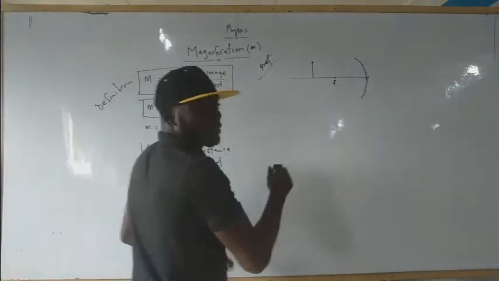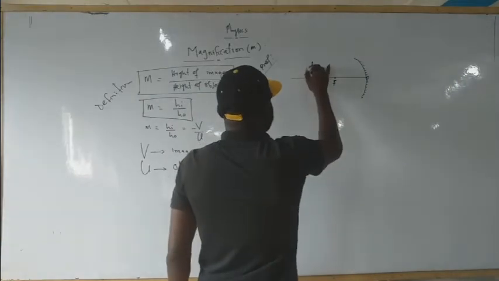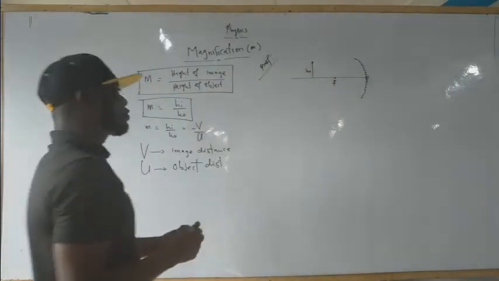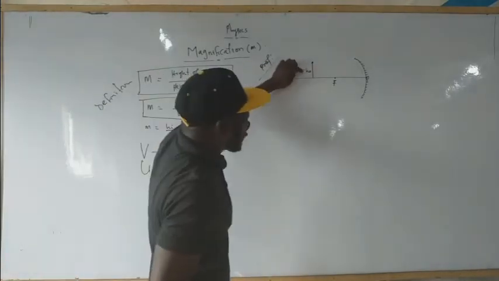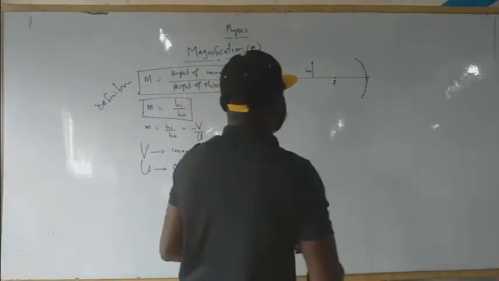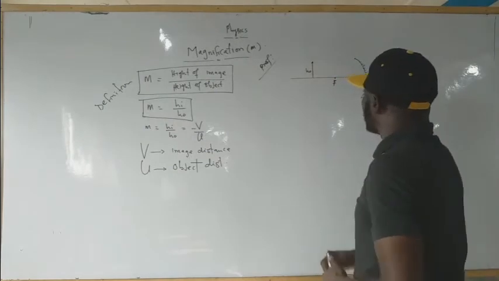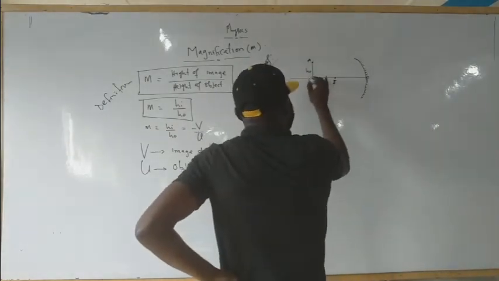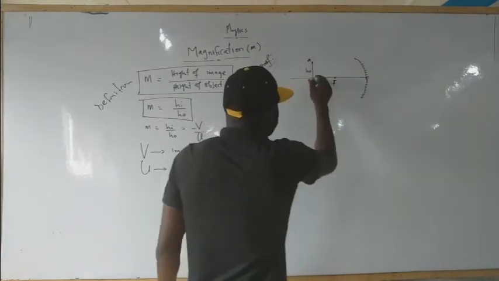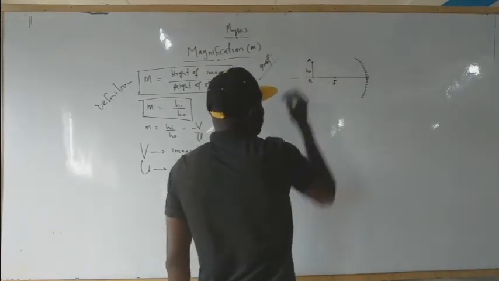Let's call this HO, the height of the object. Let's call these points A and B. This point is B, while this point is A.